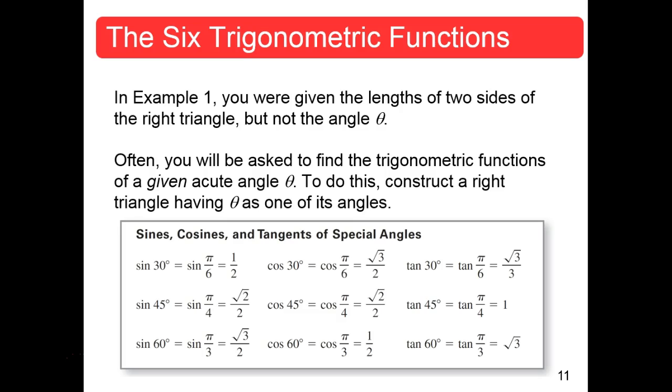Now, while we're on this slide, I'll go on and say something that's going to come up later. Notice that the sine of an angle is the same as the cosine of the complementary angle. The co in cosine comes from the complement.